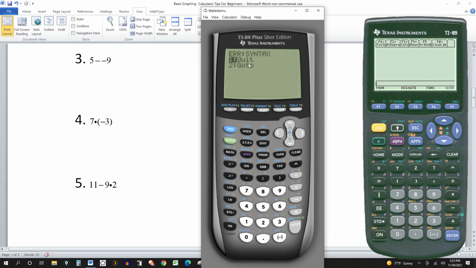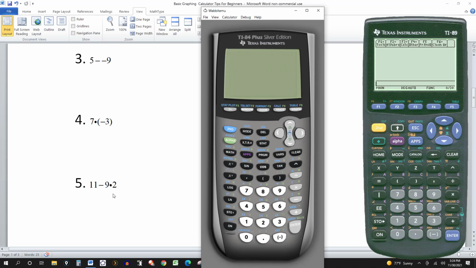Again, it gives me an error. Gotta use the right one here. So this would be 7 times parentheses, and use the negative in parentheses, negative 3. Hit enter. Get a negative 21. Okay, same sort of thing over here on the TI-89.